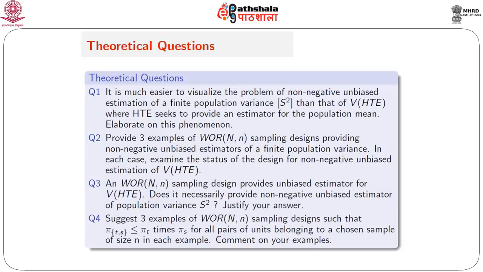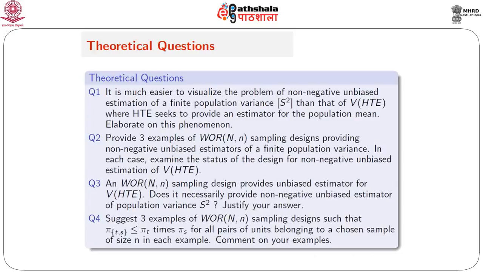So that is implied immediately in the first part of the question. And once pi ij is positive, you can estimate population variance by using a non-negative unbiased estimator simply by dividing by pi ij. This is the kind of thing we have been talking about again and again. It's a tricky problem, but a very easy solution.